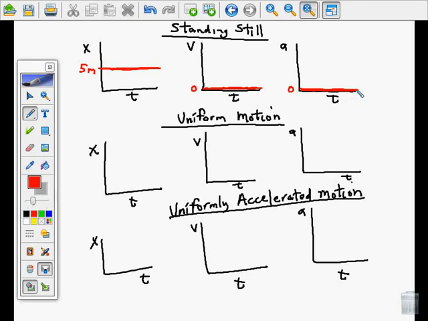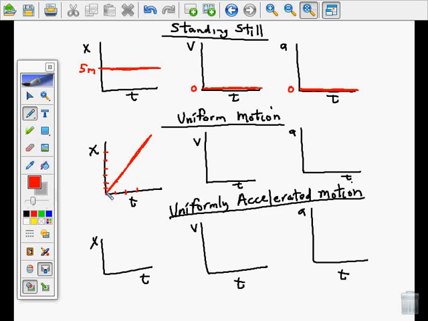Now, with uniform motion, the object keeps covering the same amount of distance each time period. So maybe in 1 second, the object goes 2 meters. And then in the next second, they go another 2 meters, so they're 4 meters away. And then in the next second, they go another 2 meters, so they're 6 meters away. So you end up getting a straight line looking like this.